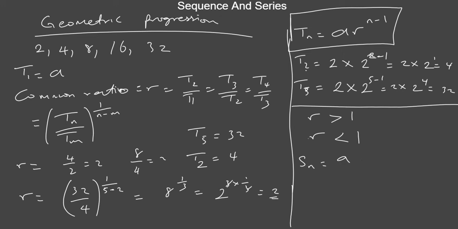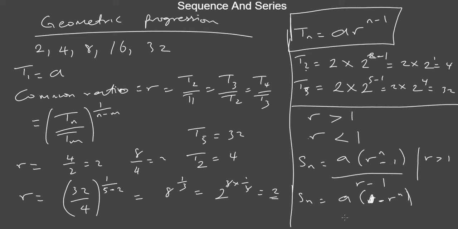You take the first term, then you have r raised to the power of n, then minus 1 here, then divide by r minus 1. So that's for a case where r is greater than 1. For the other case, you just take this, which is now 1 minus r raised to the power of n.